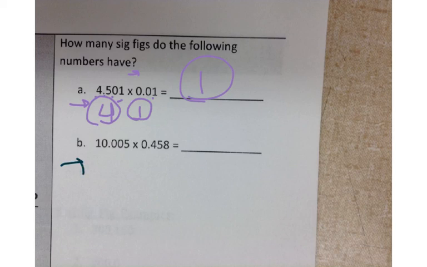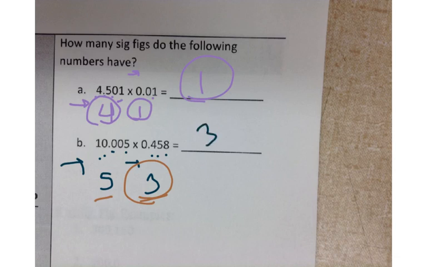So 10.005, be 1, 2, because it's present, 1, 2, 3, 4, 5. So this is 5 sig figs. 0.0458 would start at the 4, so that'd be 1, 2, 3. So that would have 3 sig figs. And when we compare 5 versus 3, 3 is the smaller number, so this answer, whatever it would be, would have to be rounded to 3 sig figs.